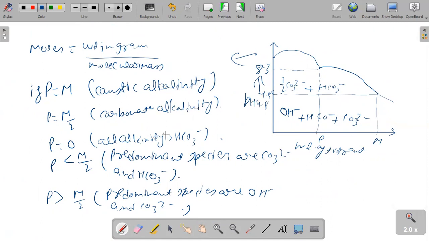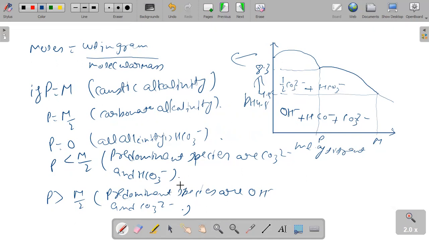If P is equal to 0, then all alkalinity is due to HCO3 minus. If P is less than M by 2, then predominant species are CO3 2 minus and HCO3 minus. If P is greater than M by 2, then predominant species are OH minus and CO3 2 minus. P greater than M by 2 is somewhere here on the graph, and P less than M by 2 somewhere here. So this is it about alkalinity.